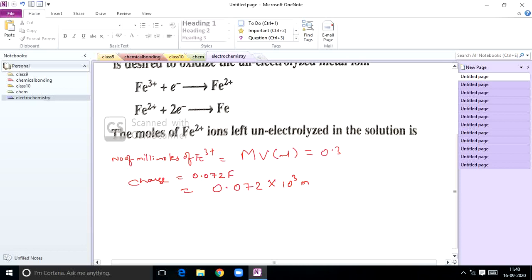I am converting the Faraday into millifarad, so I will get 72 millifarad. That is 72 millifarad.